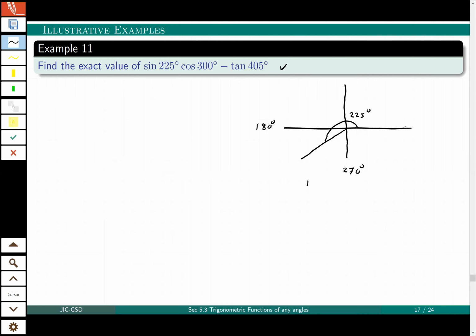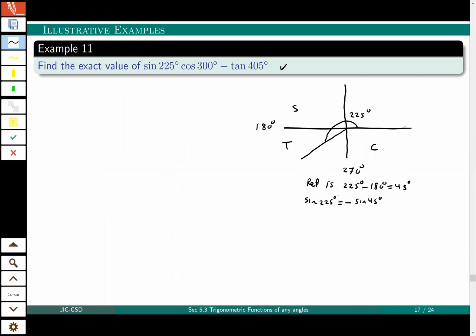What's the reference? The reference is 225 minus 180, and that is 45. STC now will say you are speaking about sine, so the sine of 225, it's the negative of sine 45.